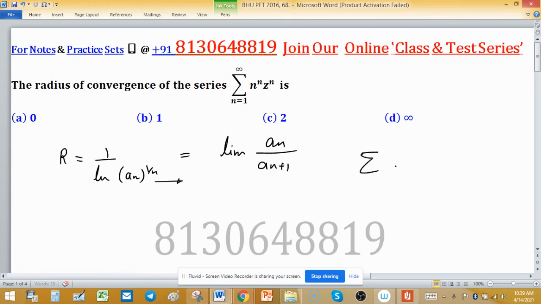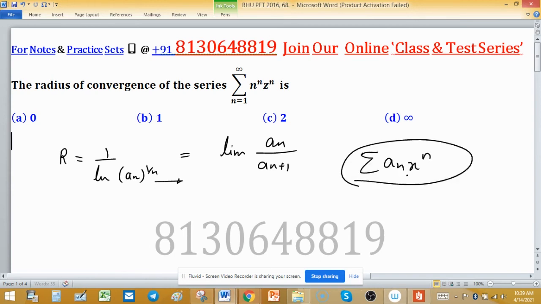Whenever a series of the type a n x raised to the power n, the standard format, is given to you, and a n equals n raised to the power n, meaning the power contains n, try this format because the powers cancel out.